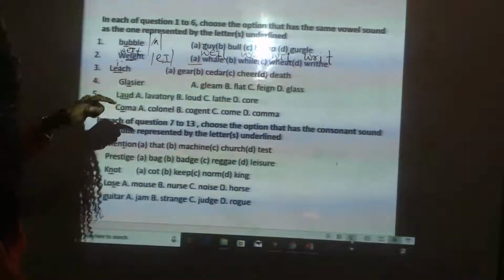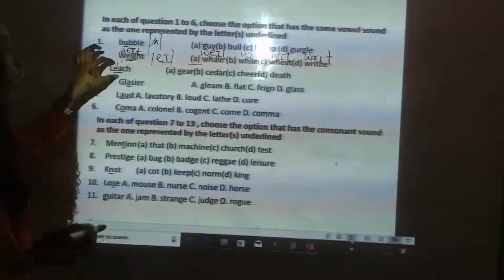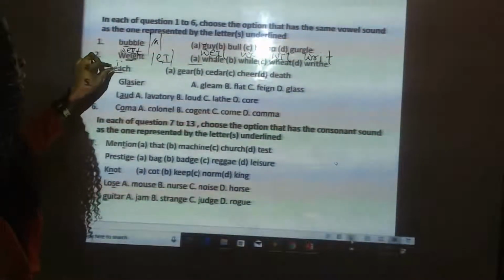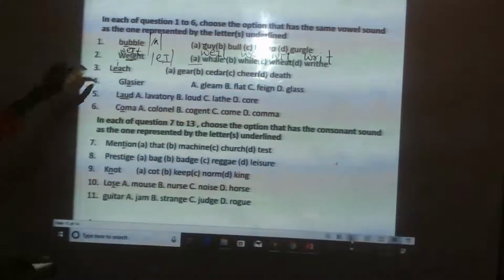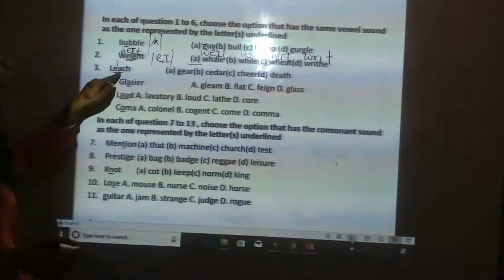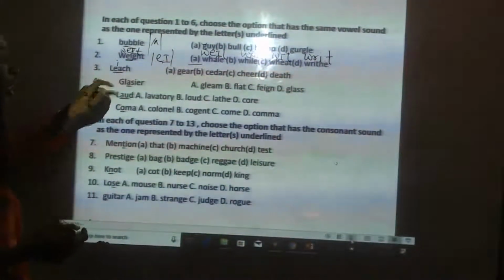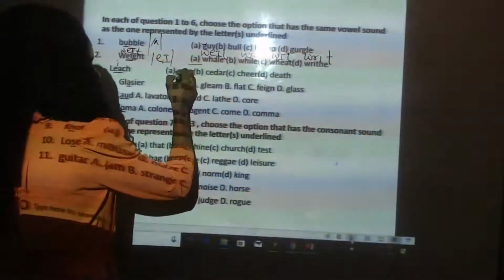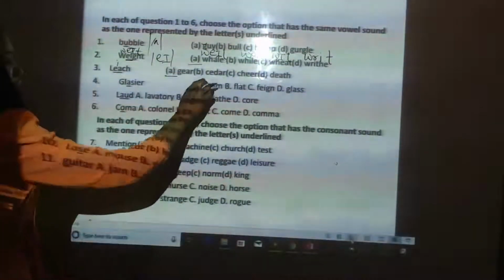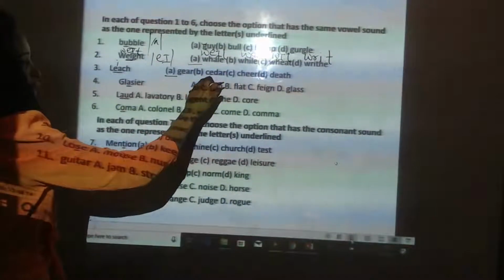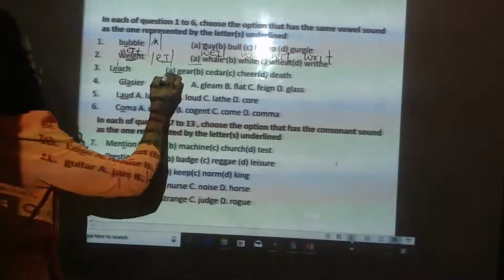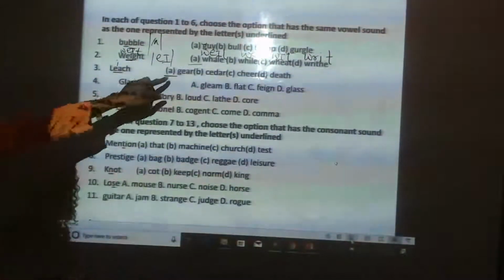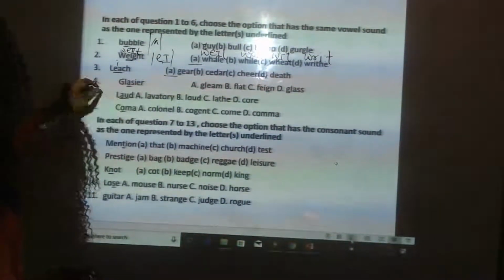Now, remember, we are looking for a long E sound. So, the word that bears the same vowel sound as leech is gear. Cedar, there's no E, rather we're having R sound. So A here is our answer, gear, leech.